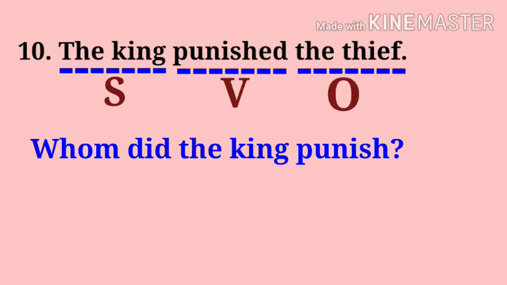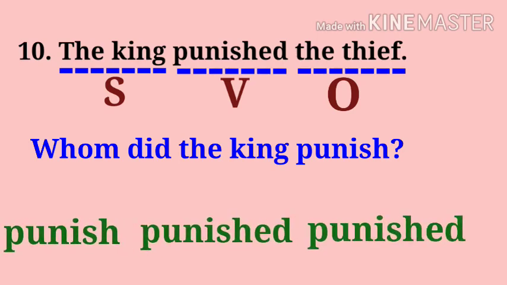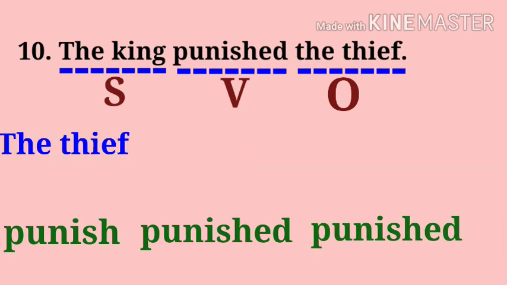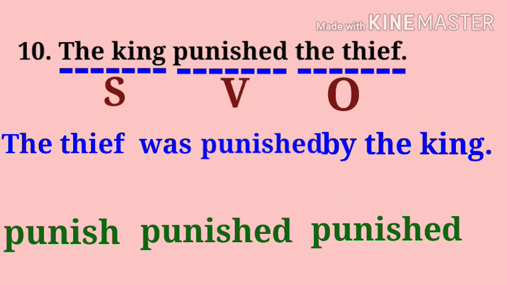You have to start with that object. And the given sentence, punished, is there. So the given sentence is in simple past tense. See the three forms: punish, punished, punished. Okay. So the answer is the thief was punished by the king.